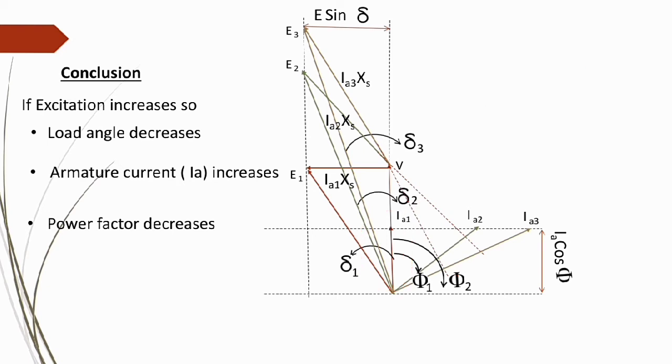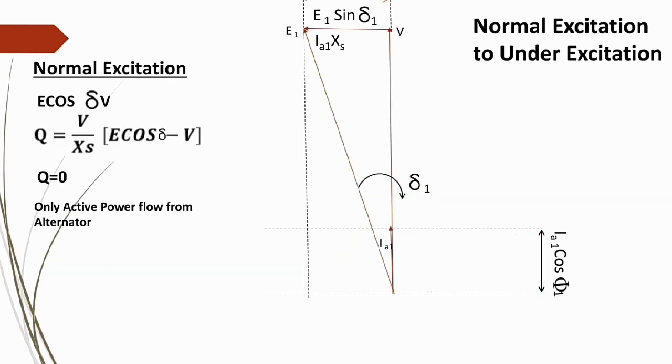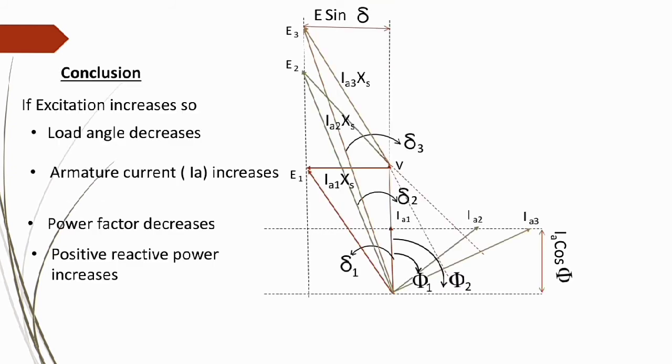The next one is positive reactive power increases. Yes, positive reactive power increases. We know the reactive power equation from my previous discussion: Q equals V upon Xs times (E cos del minus V).